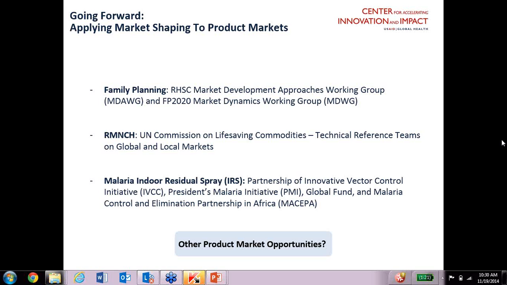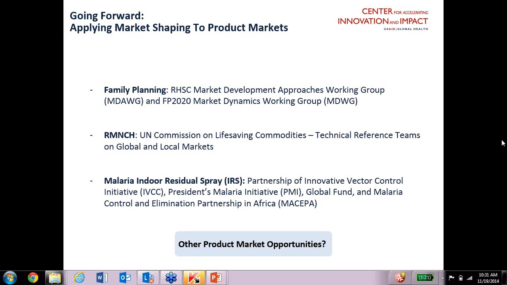So I think actually one step that we've already taken as a group, or really looked at taking, is starting with step one of assessing, observing the market shortcomings. And I think one effort that's in its initial stages, but I think can be very valuable, is creating a set of metrics that we can use to measure a specific family planning product market's shortcomings.